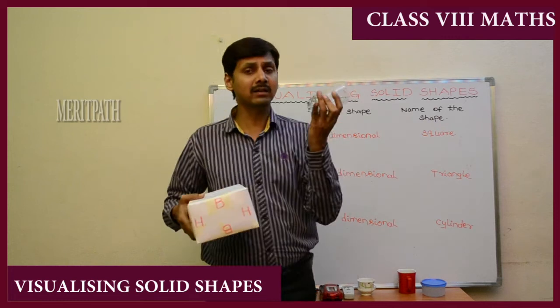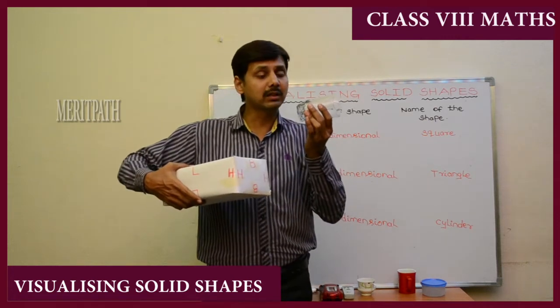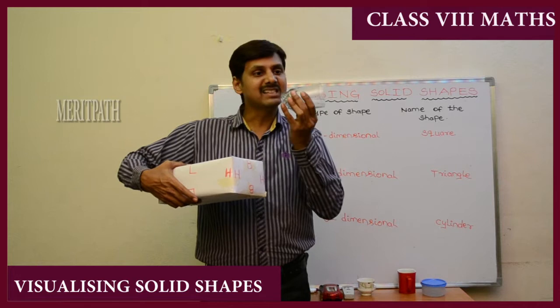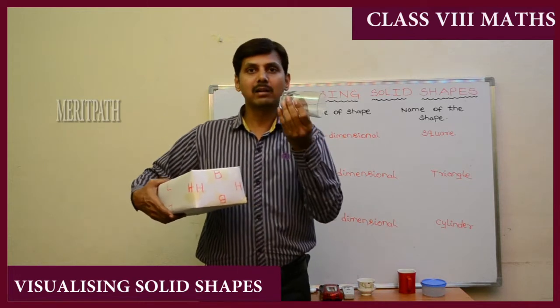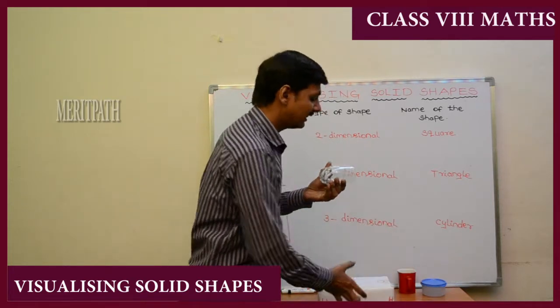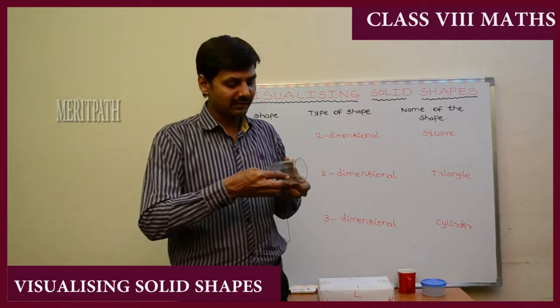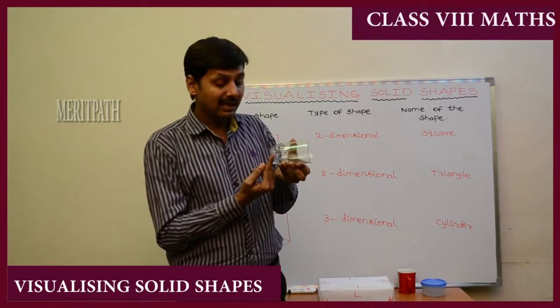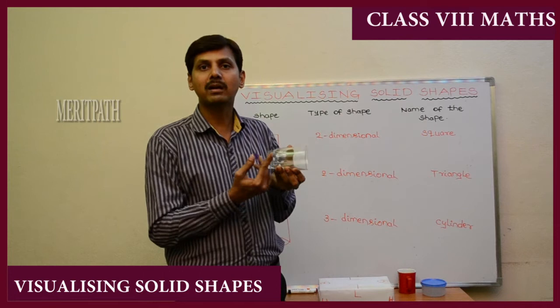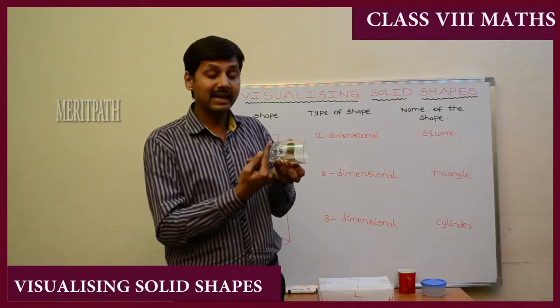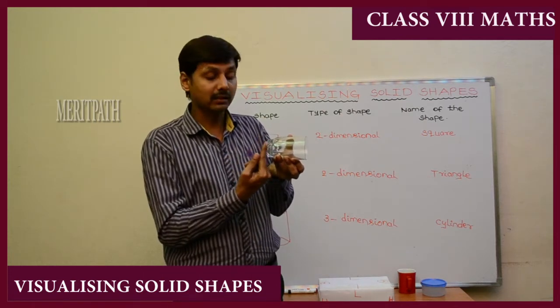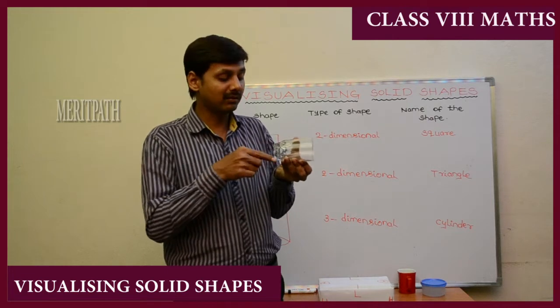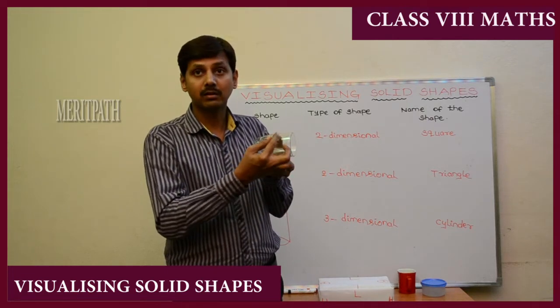In the similar manner, we'll find out the dimensions in this cylindrical glass. That is length, breadth, height. In the similar manner, we'll take the length, the breadth and height that we have. So what is the width? In this manner, length, breadth, height of the glass.